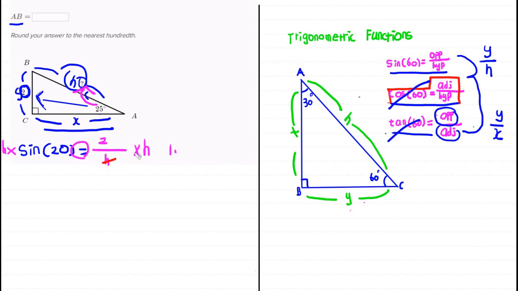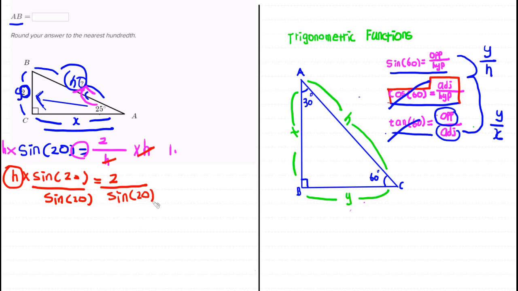And this h will cancel out, and it will be h times sine of 20 is equal to 2. And we can divide both sides by sine of 20 to isolate h on the left side. And the result of this equation is that h is going to be 2 over sine of 20. Oh, sorry, 25.